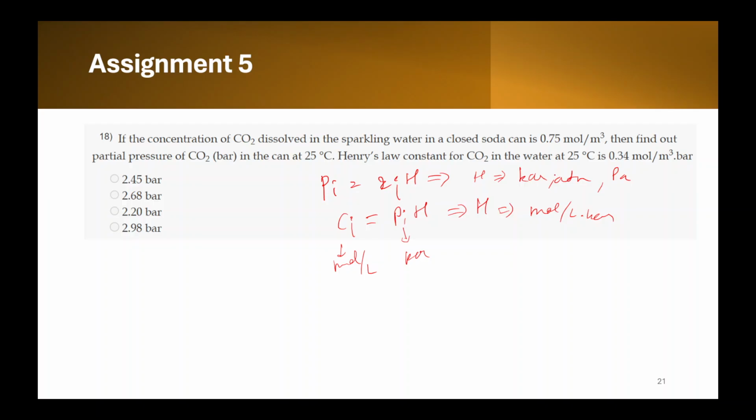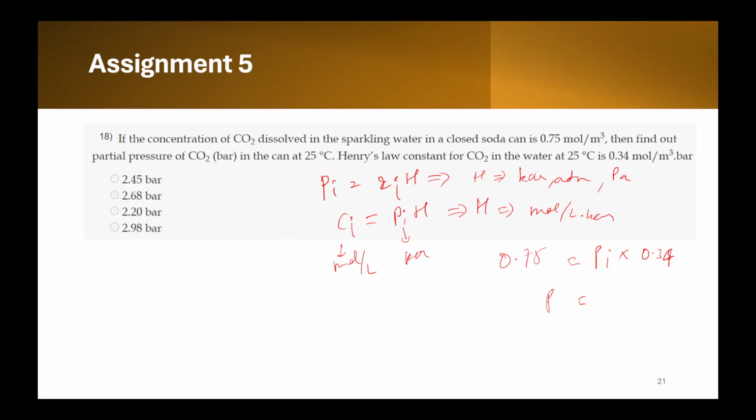Okay, so that is what is given here. Mole per meter cube bar. Meter cube is again a unit of volume and liter is also a unit of volume. So from here you can see that you are given the concentration 0.75 mole per meter cube is equal to, you don't know the partial pressure Pi, into your Henry's constant is 0.34.